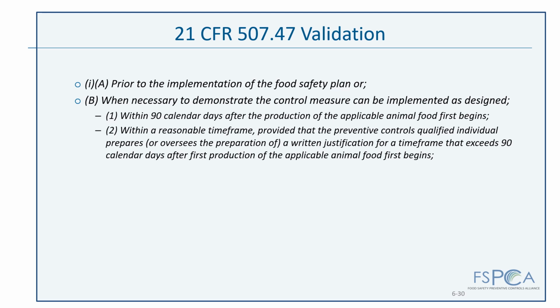So technically you're starting production, but you're still trying to validate your food safety plan. So ideally before the food safety plan is implemented, but within 90 days. If you can't do it within 90 days, just make sure that you justify it.